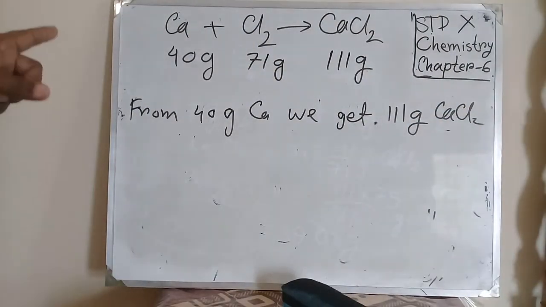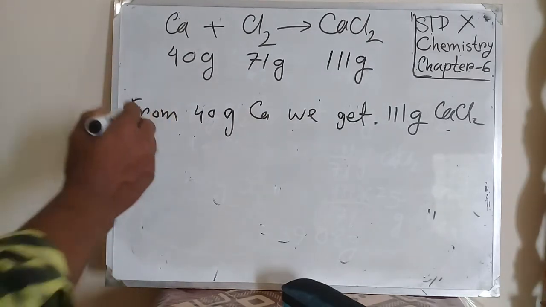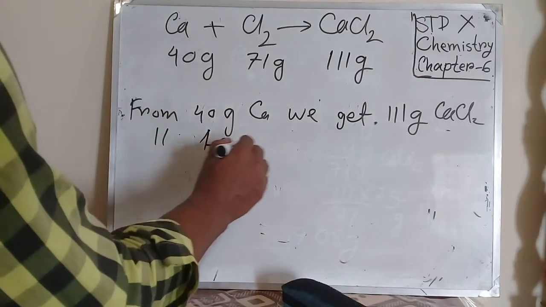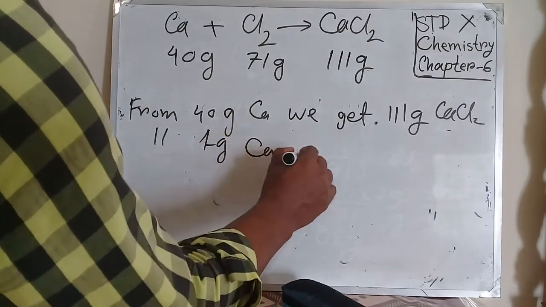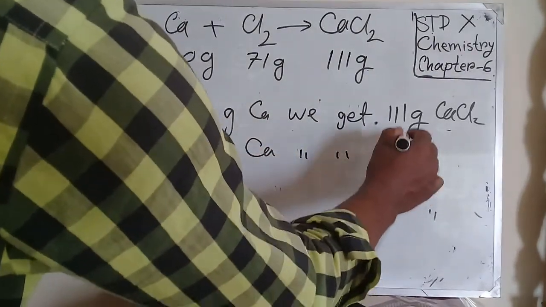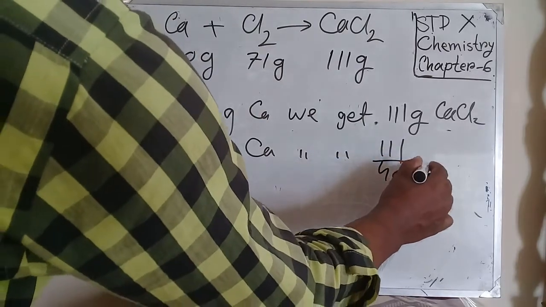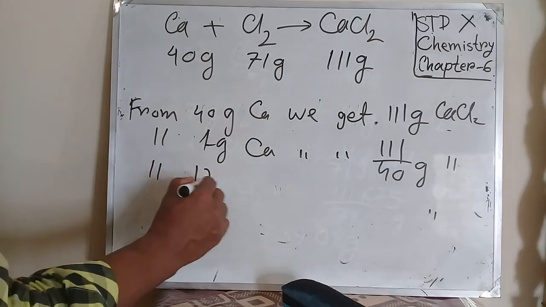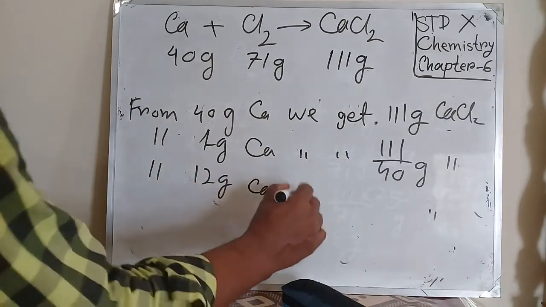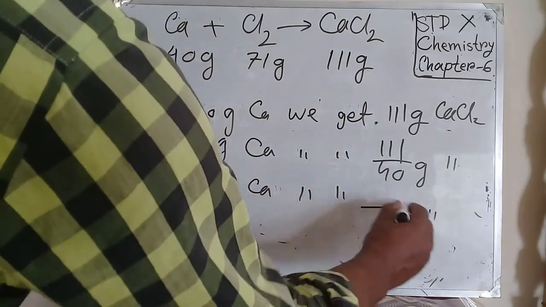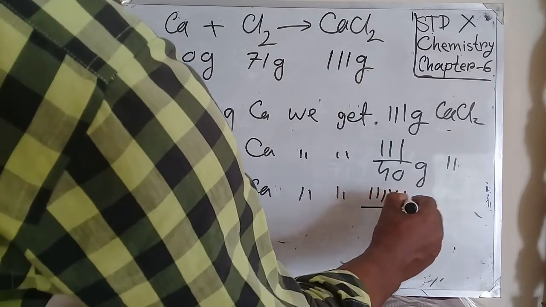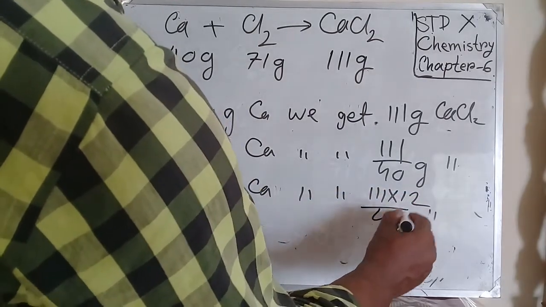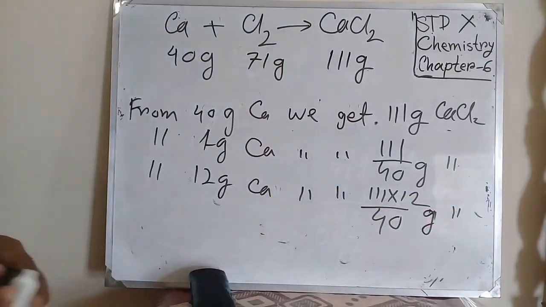So how much calcium did we take in the reaction? We have taken only 12 gram. From 1 gram calcium we get 111 divided by 40 gram calcium chloride. So from 12 gram calcium we get 111 into 12 divided by 40 gram calcium chloride.